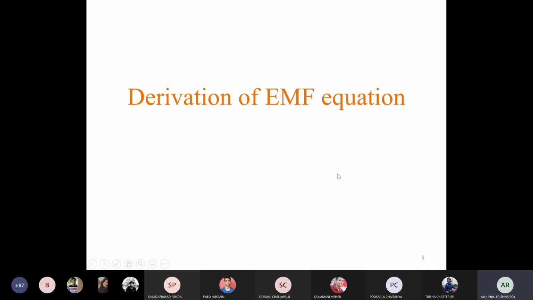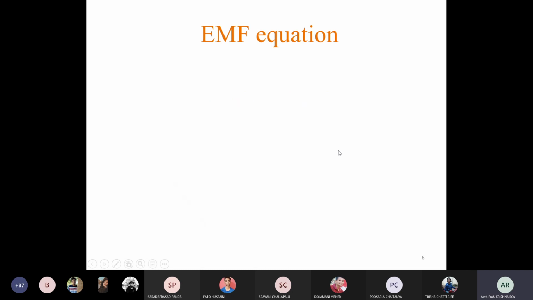So first of all we will derive the EMF equation. This is based on generating mode of operation, but it will be required for motoring mode also. In case of motoring mode of operation we will call this EMF as back EMF. We will see later on.